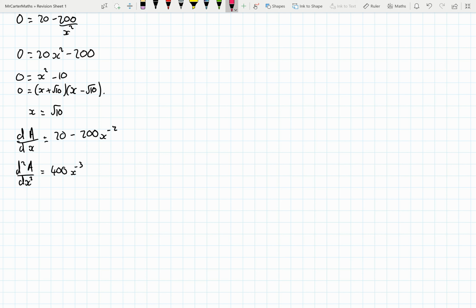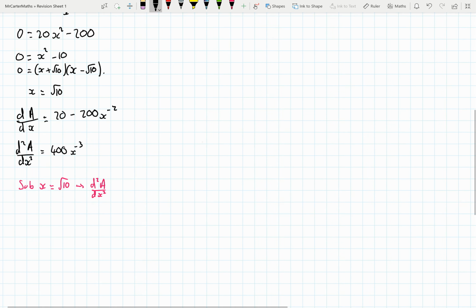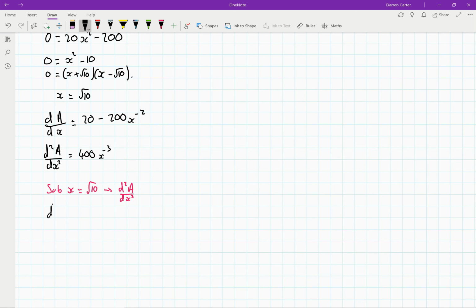Okay, so I want to substitute x equals root 10 into my second derivative of A. So my second derivative of A is equal to 400 over root 10 cubed.